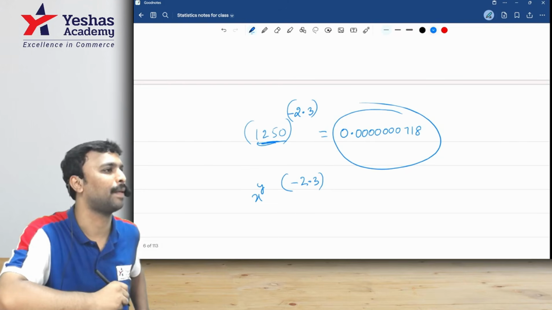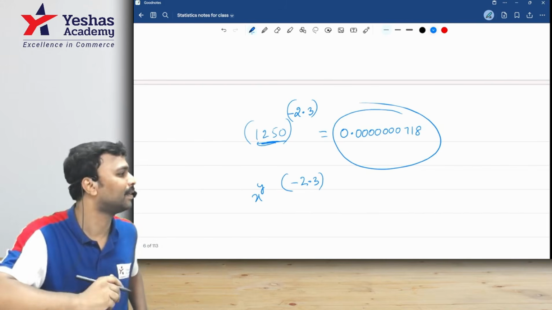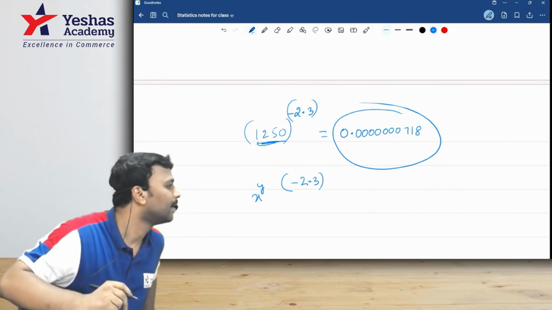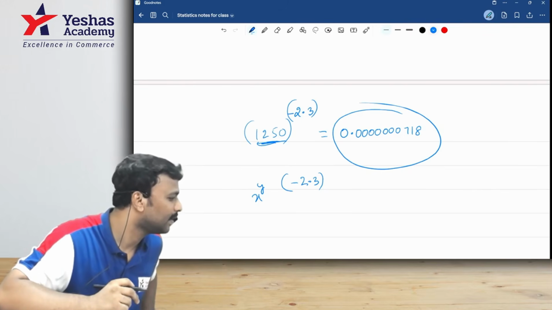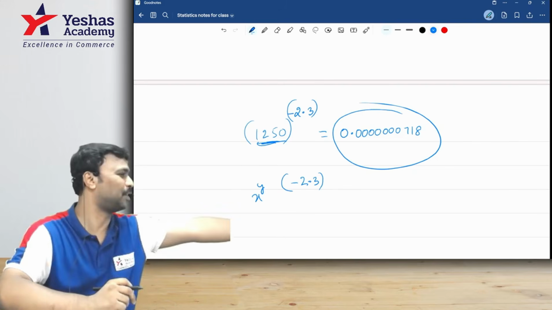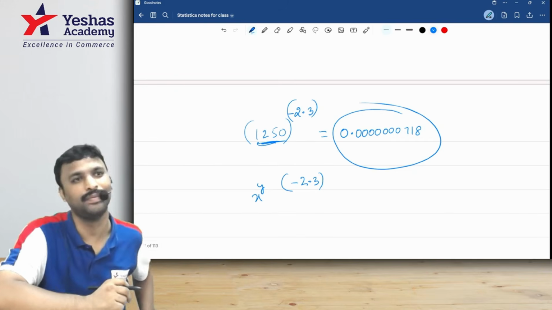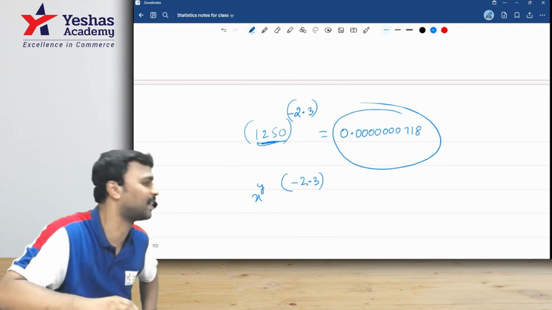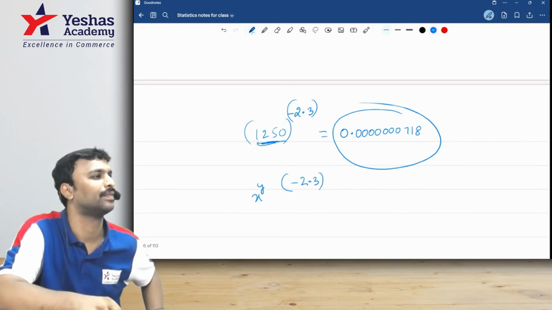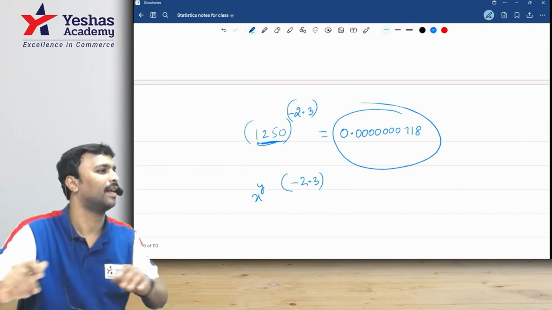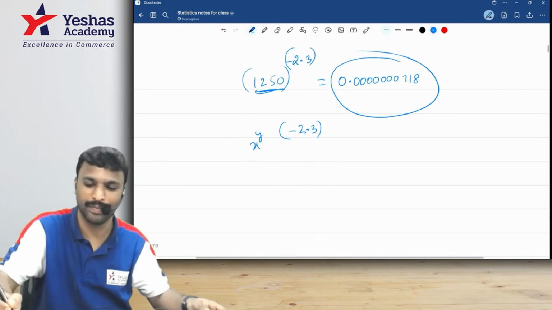It is the same. It is showing in exponential form, in terms of some power, but it's approximately correct. Everybody understood?